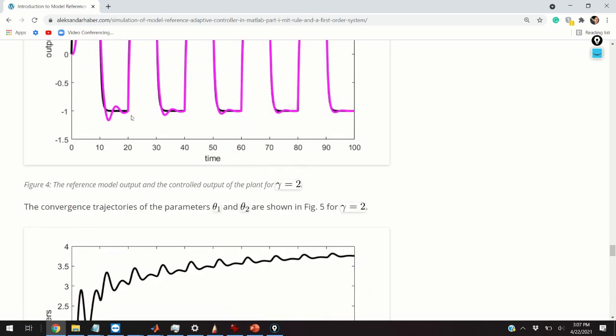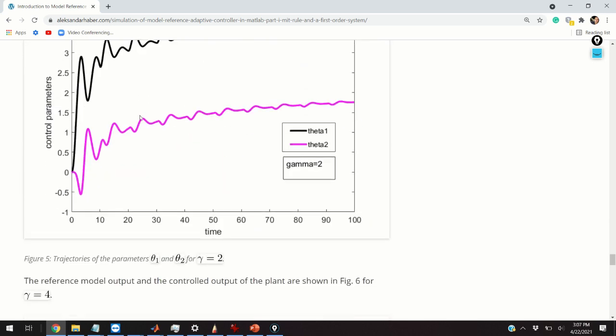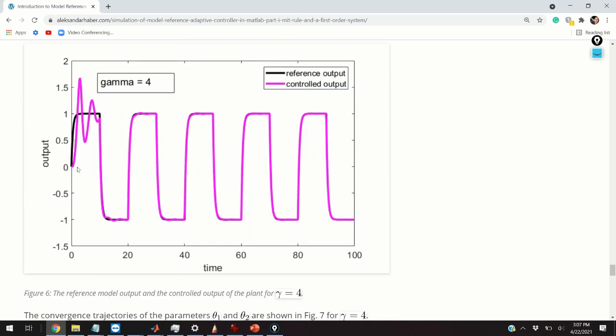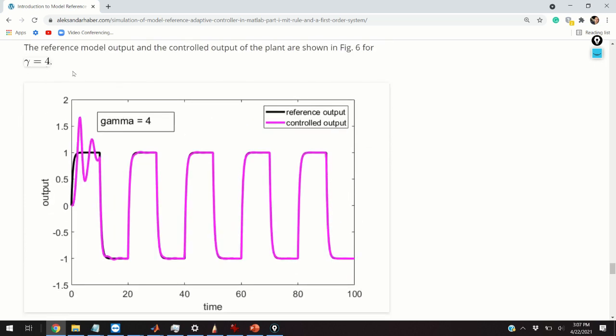Now, let us try to be more aggressive, and let's increase gamma to 4. And this is what happens when gamma is increased to 4. Figure 6 represents the case when gamma is equal to 4, and we can see almost perfect tracking after 20 seconds. However, you can see these overshoots that are signs of system instability.